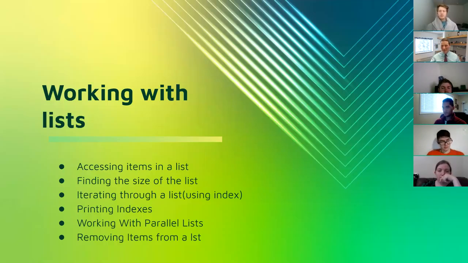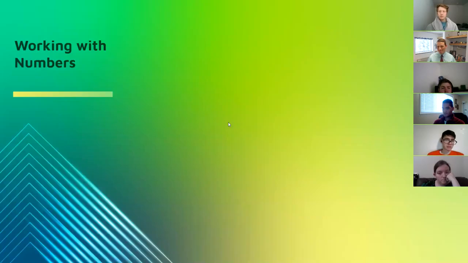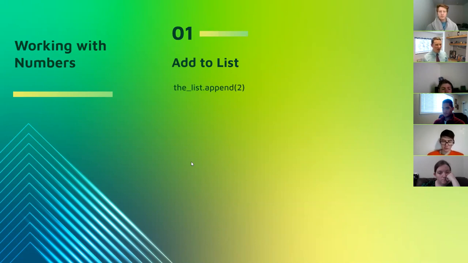Okay, well, great. Today we're going to talk more about how to access items in a list, finding the size of a list, iterating through a list using an index, printing indices, working with parallel lists, and removing items from a list. All right, working with numbers. To add to a list, we have that append function that we talked about.